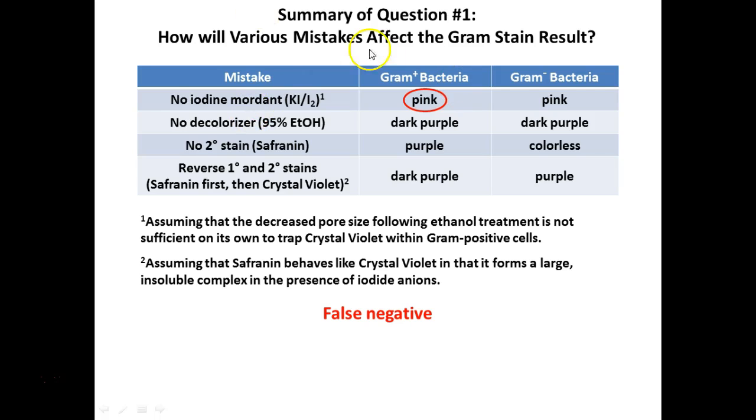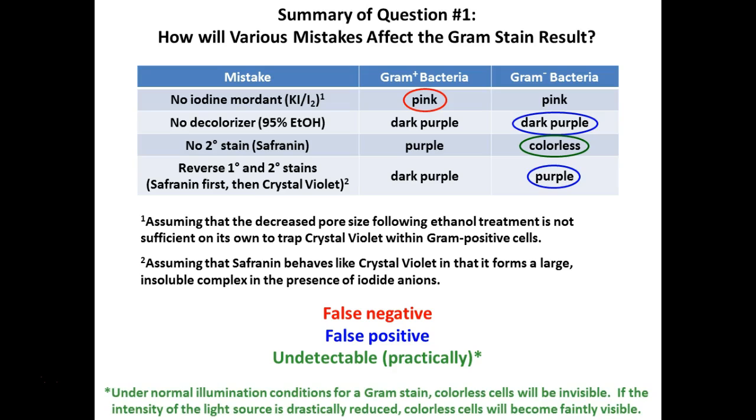So what would we say is the problem where gram-negatives are coming out purple? That's a what result? What's purple? Positive, right? So this is a false positive result. And the same is true for reversing the stains. Worst case scenario is if you don't do the safranin, and you end up with undetectable cells. You won't actually even see them.